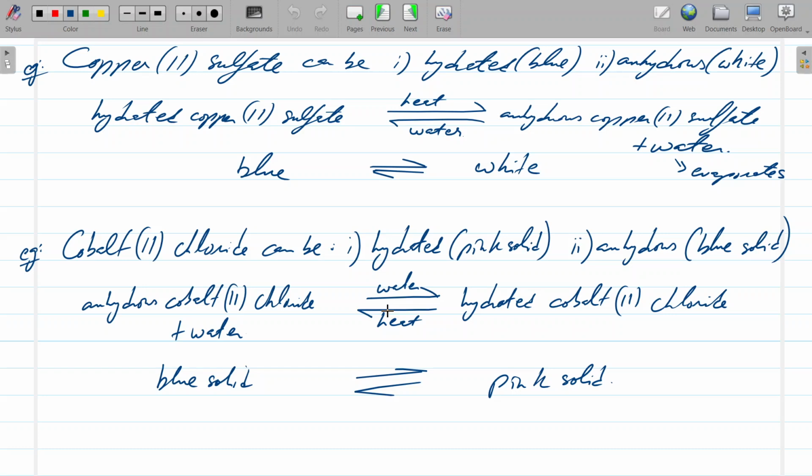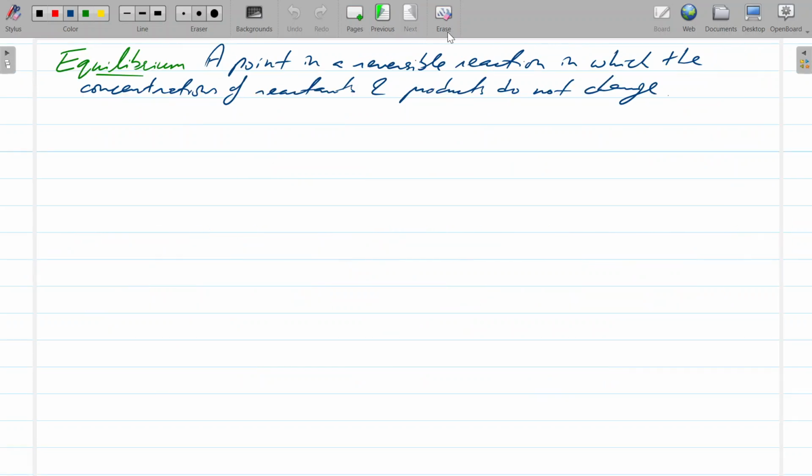So I'm just giving you this concept, and when we look at some of the reactions for the Haber process, that's the name for the ammonia making process industrially, we'll see where this comes into play. So just keep in mind that equilibrium is a point in a reversible reaction in which the concentrations of reactants and products do not change.